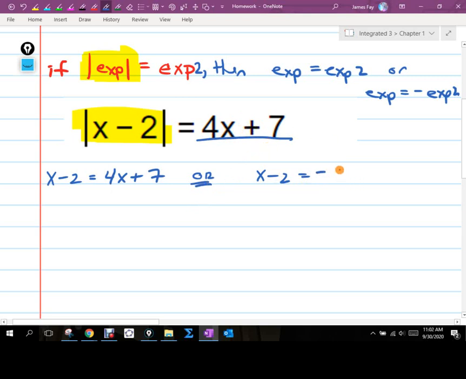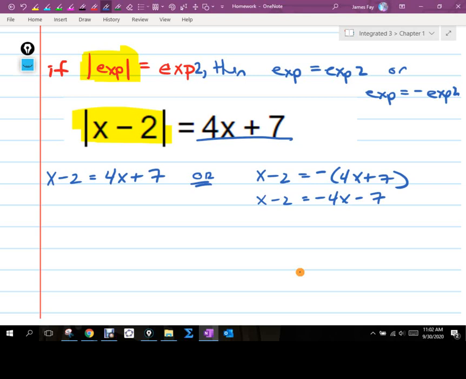So you can write it this way. I think it's the safest way to write it. And that should tell me that that negative actually needs to be distributed to the 4x and to the 7. The number one error people make is they just make the 4 negative and they leave the 7 positive, and that becomes a problem. So now we just solve those two equations.